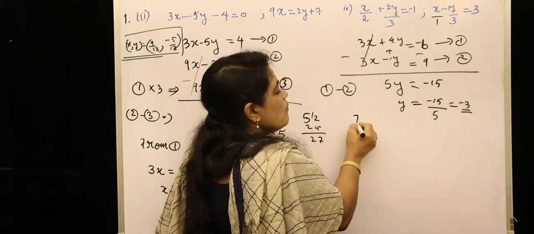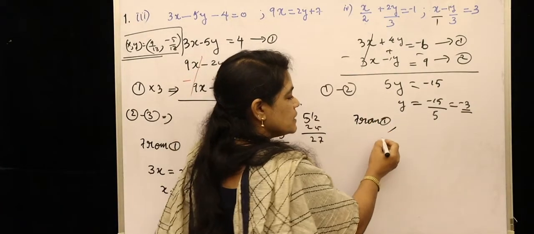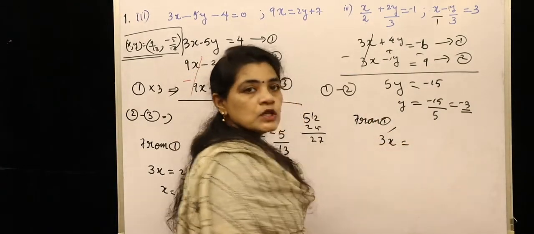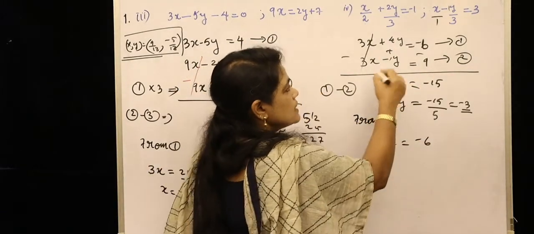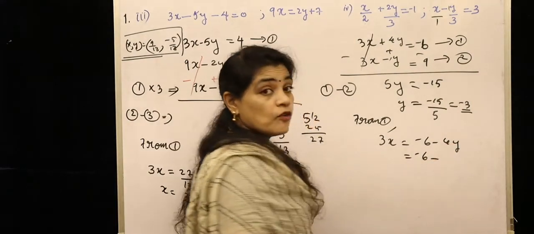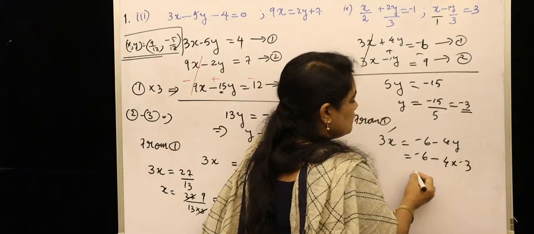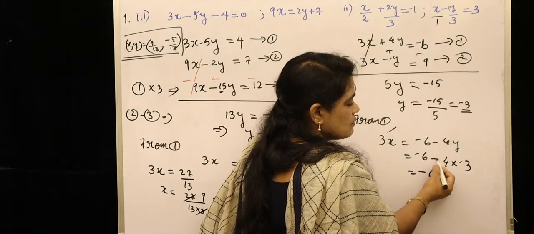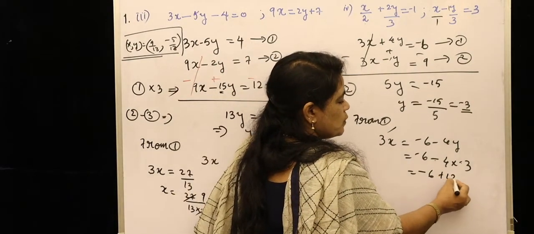So from 1 we have to express that in terms of x. So 3x will be minus 6, which is already there in the RHS, and plus 4y becomes minus 4y. So I am going to substitute here. 4y means 4 into y, 4 into minus 3. That is minus 6 minus, and minus 3 plus 5 plus 12.